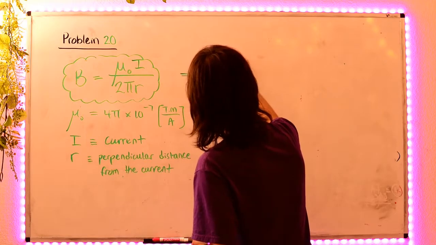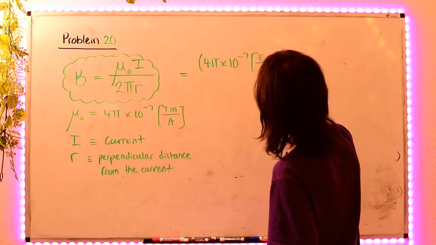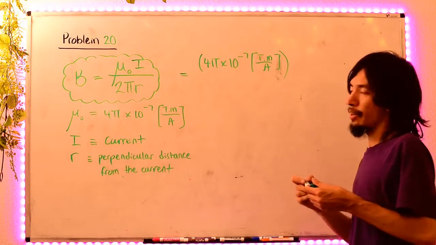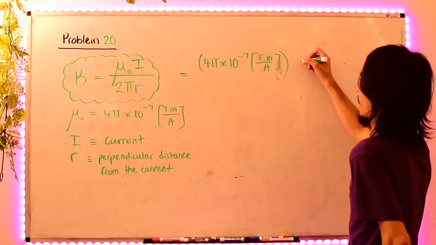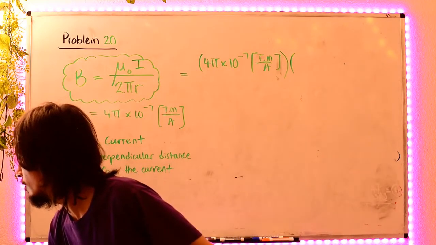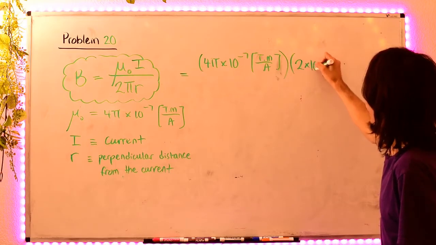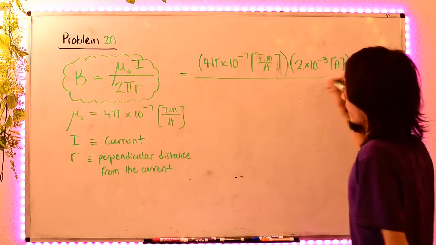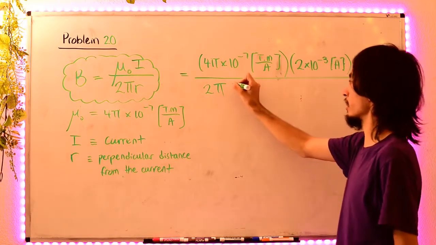So when you plug into this one, this is how it's plugged in. 4 pi times 10 to the minus 7th Tesla meters per amp. The pi never really gets involved in this because there's a pi in the bottom, so the pi cancels out. The current in this problem is 2 milliamps, so 2 times 10 to the minus 3 amps, divided by 2 pi, where the pi will cancel out pretty conveniently.